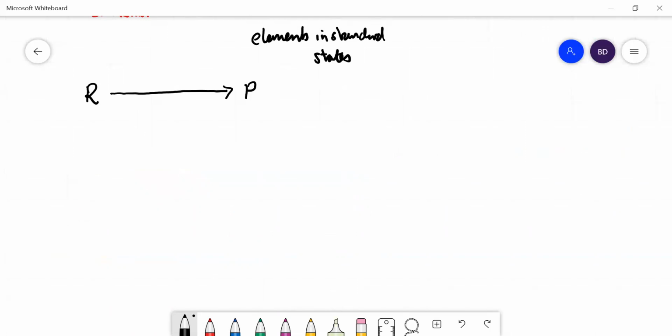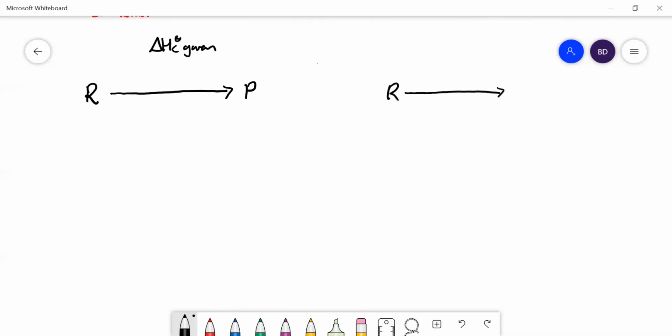So I'll just rub this out. This one is the cycle you use if you're given delta HC data. And here we're going to do it if you would use delta HF data given.